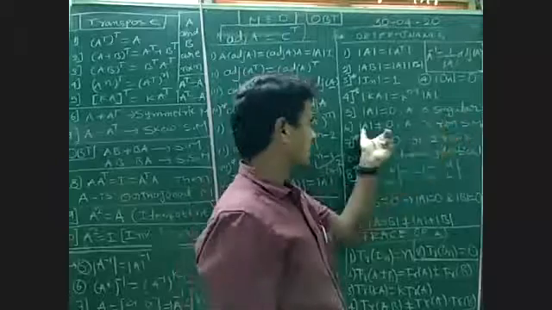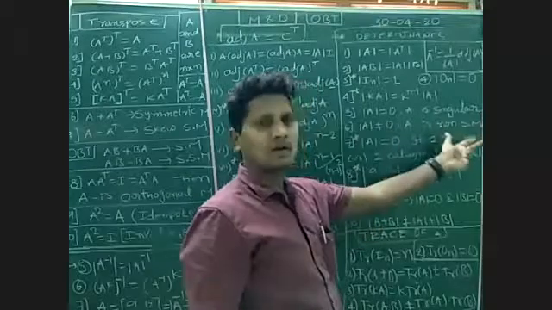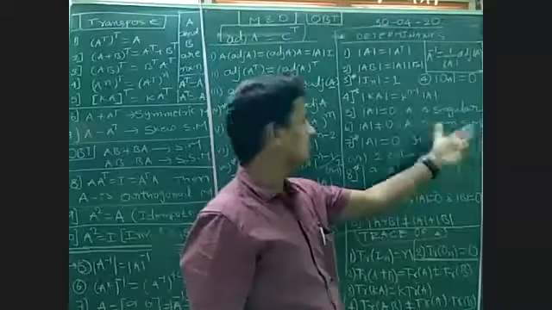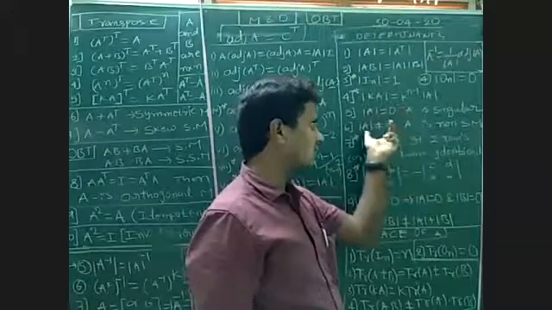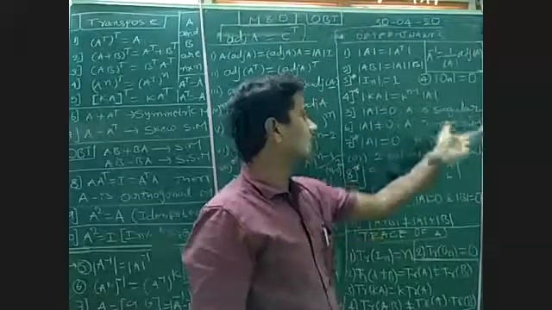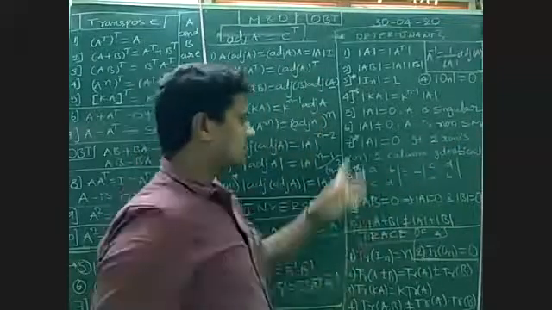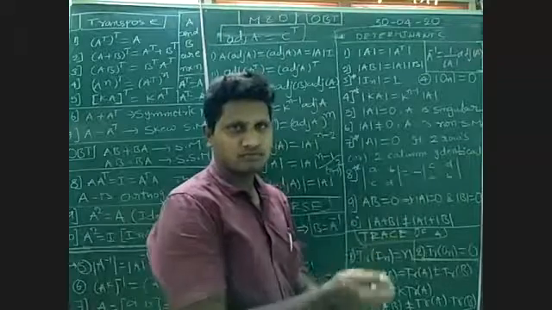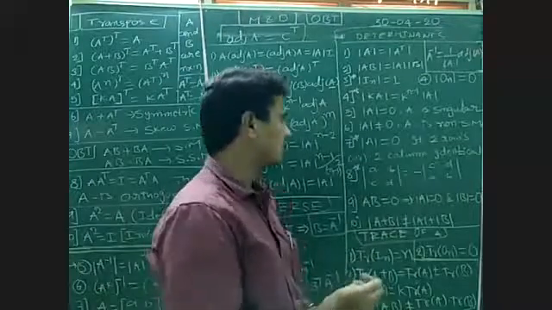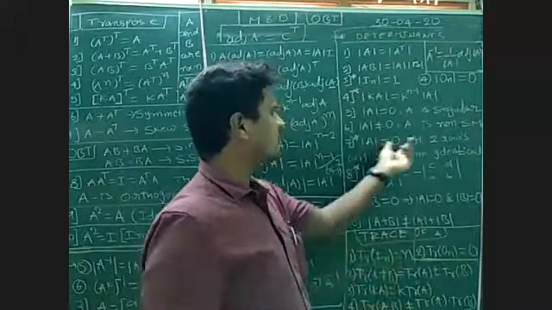Already we studied. If det A value is non-zero, that is called a non-singular matrix. Determinant 0 is singular, determinant non-zero is non-singular. Okay. These are the properties related to exercise 4.2, the properties of determinant. When does the determinant become 0?